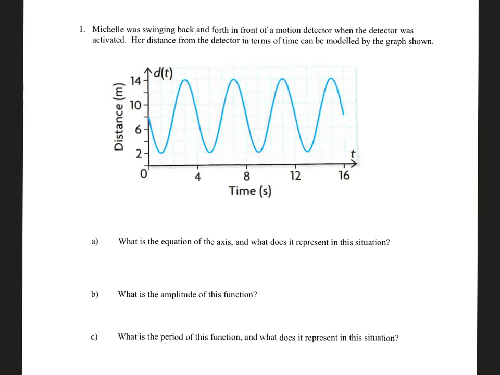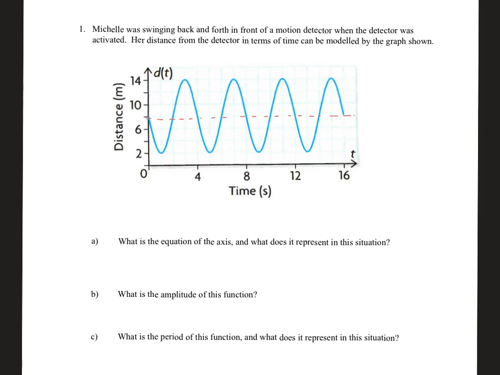As you take a look, that graph represents motion in front of a motion detector. I'm going to highlight a couple of key things on the graph that will help us answer questions about the problem. The first thing we should notice is the middle of my graph.